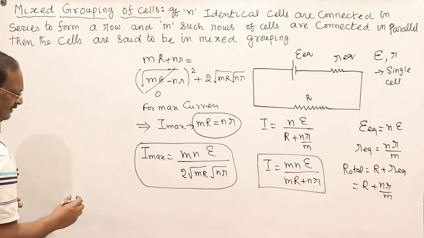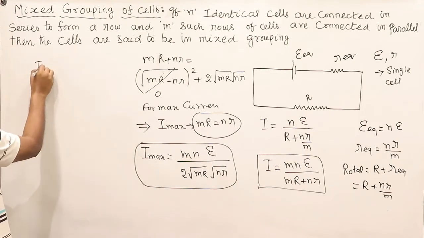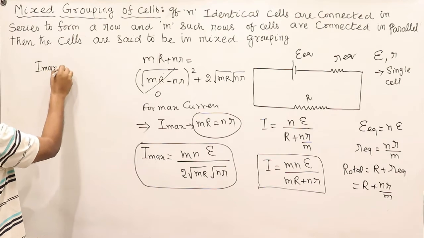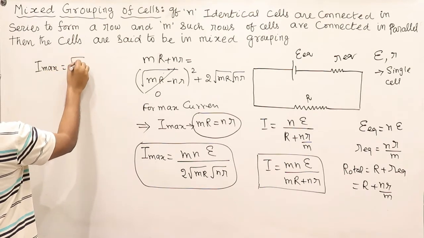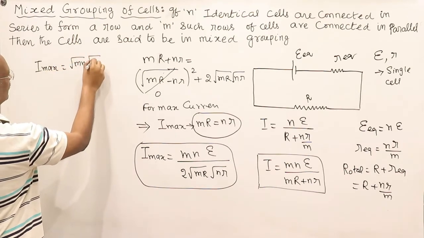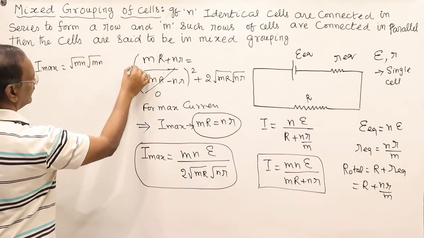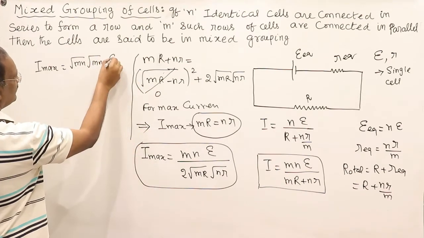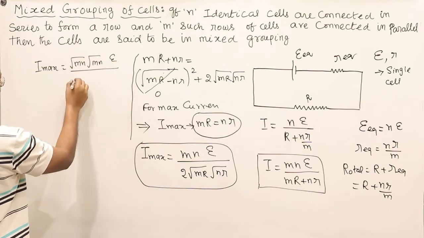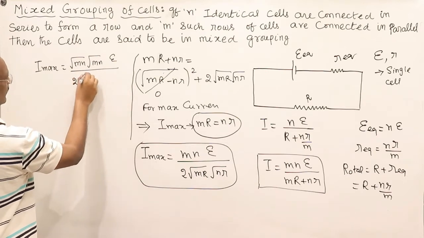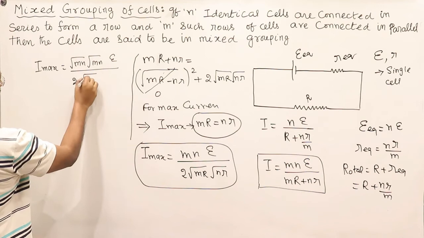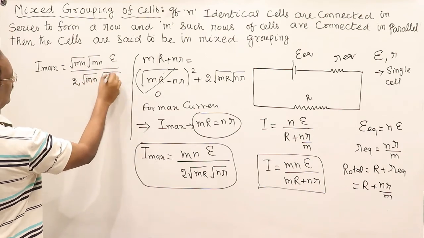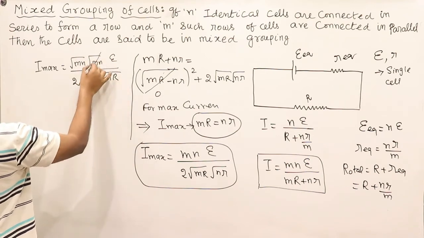How can we simplify? See, I max is equal to, we can write, under root m n into under root m n, into epsilon divided by 2 into under root m n into R, cancelling these two.